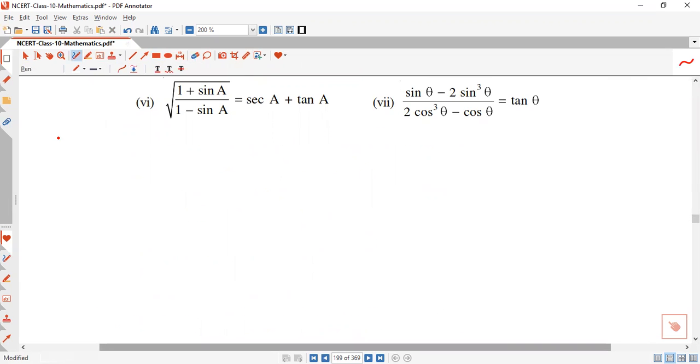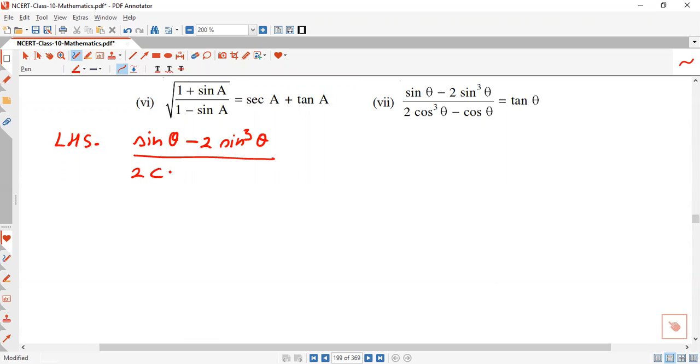Starting from the left hand side, we have sin theta minus 2 sin cube theta divided by 2 cos cube theta minus cos theta. We have to make this tan theta, meaning sin theta upon cos theta. In the numerator and denominator, we have common terms sin theta and cos theta.